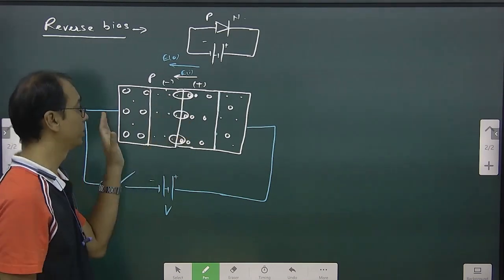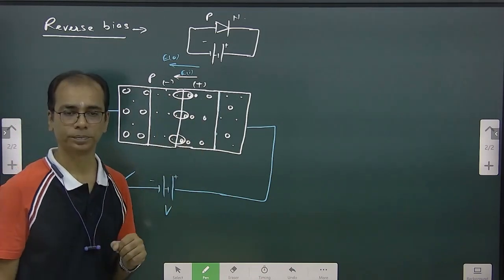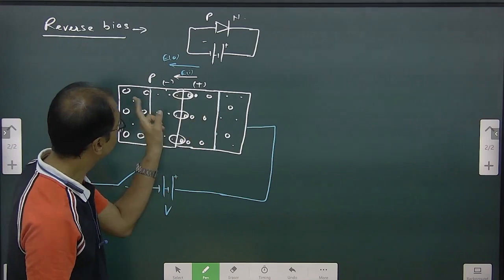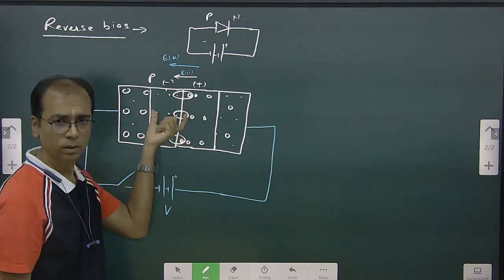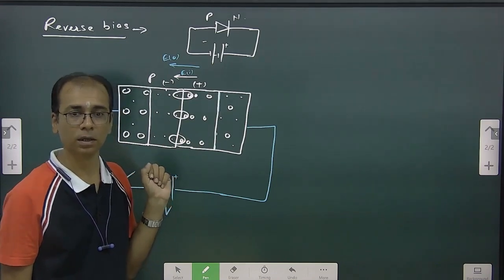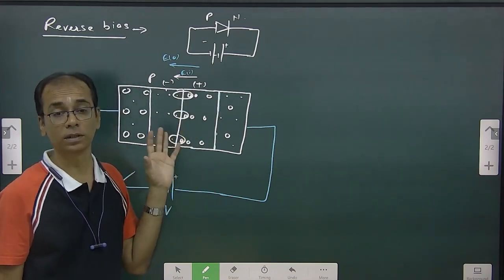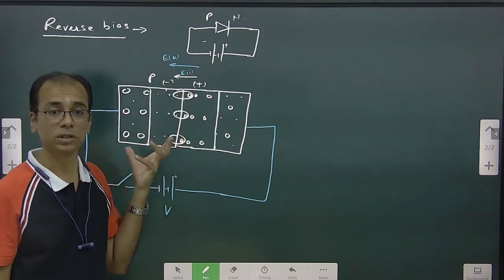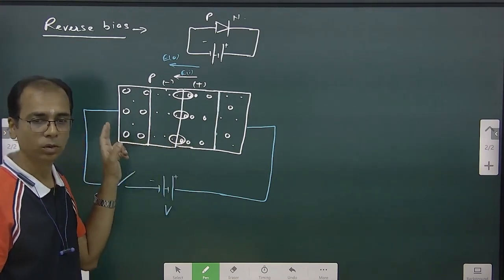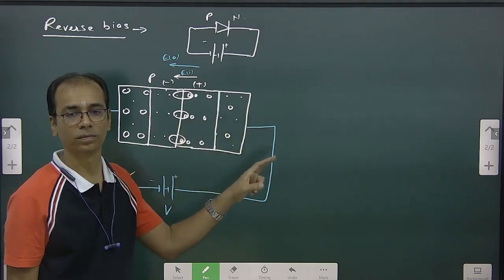Positive will go towards the P side, negative will go towards this side. Since the covalent bond is broken through this electric field, it still has to cross this much distance, right? What will this electric field do? It will give it a certain velocity, that means kinetic energy will be given to the electrons. So those electrons will go and move this way.